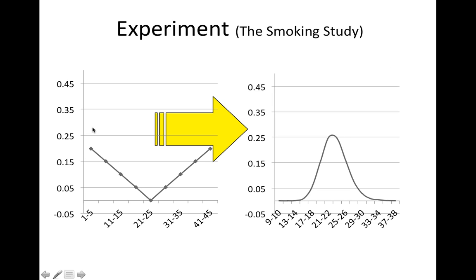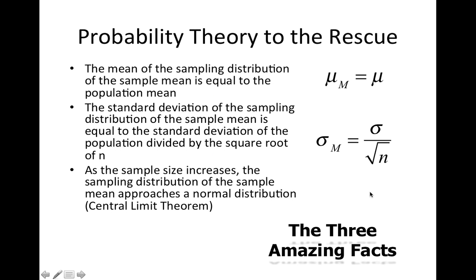If we took some sort of bimodal distribution of scores and constructed a sampling distribution of sample means from this underlying distribution, we would wind up with a sampling distribution that has this shape.